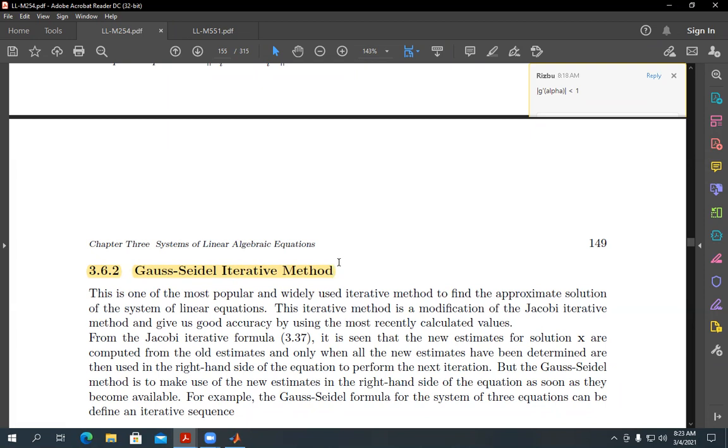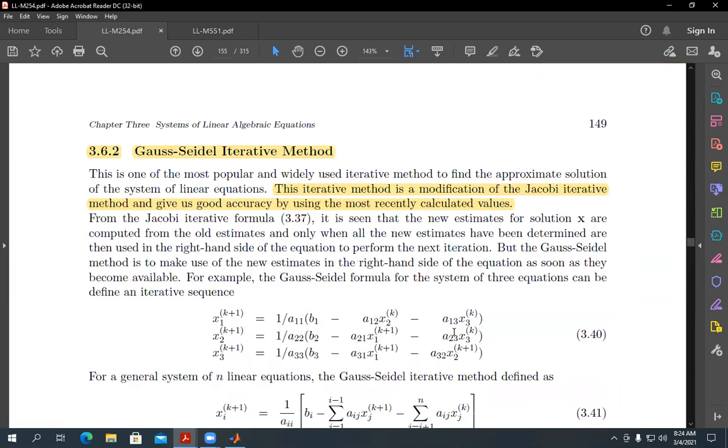And the Gauss-Seidel formula is what? This formula is a modification of the Jacobi method and gives good accuracy by using the most recent calculated value. This is the Gauss-Seidel formula, a very simple one. x1 from the first equation, x2 from the second equation, x3 from the third.